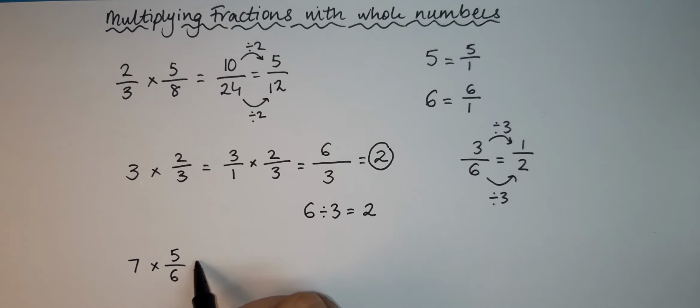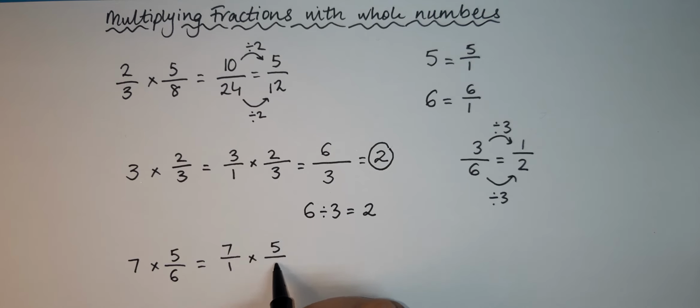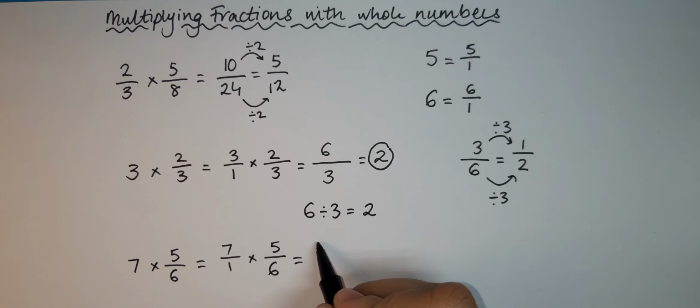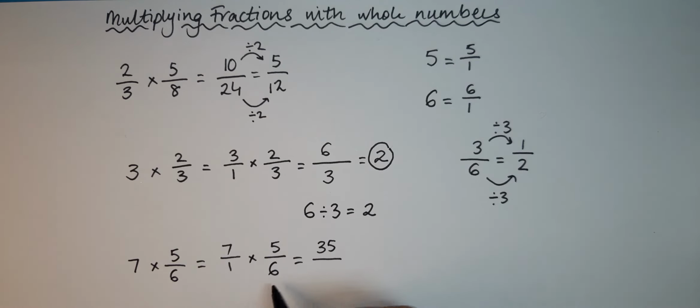So if we do another example, let's do 7 times 5/6. All we would do here, so step 1, change the whole number into a fraction, 7/1, and multiply it by 5/6. Now if we multiply the numerators, we get 35, and if we multiply the denominators, we get 6.